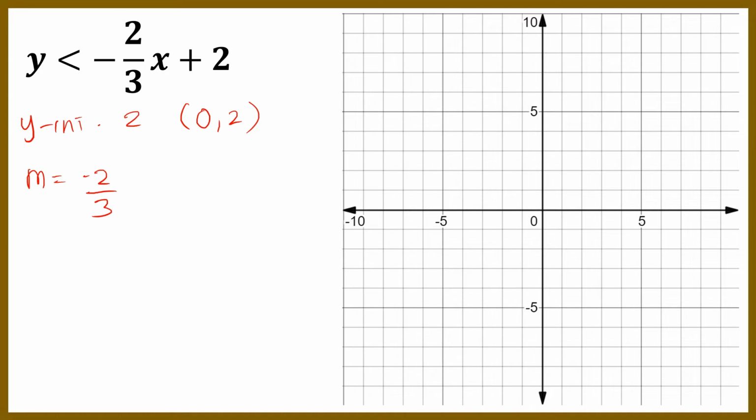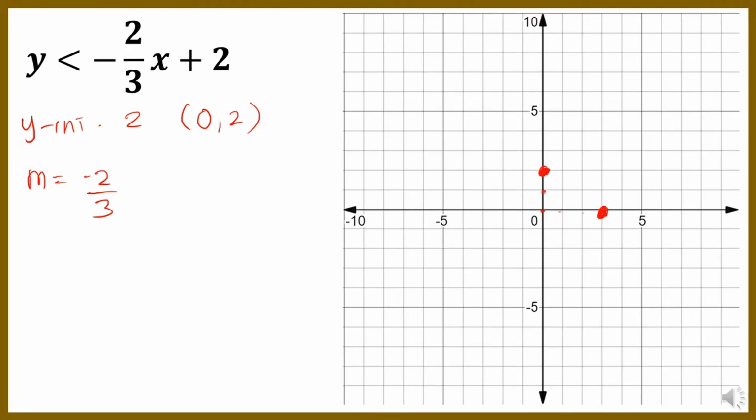So (0, 2) is located at the positive y-axis. Then negative 2 meaning downward movement, 1, 2. And then 3 to the right side, 1, 2, 3.